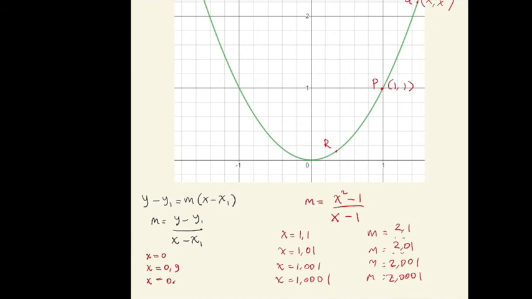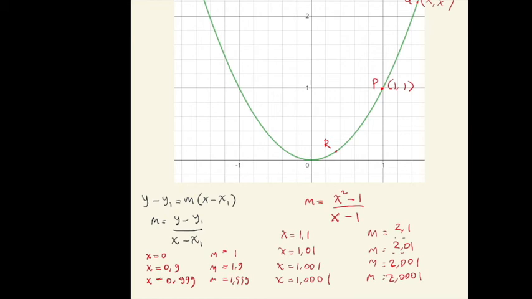And then 0.999 and then 0.99999, and then what you get is 1.9, 1.999. And the thing is, when you keep getting closer from right and from left, you get at least a similar number.